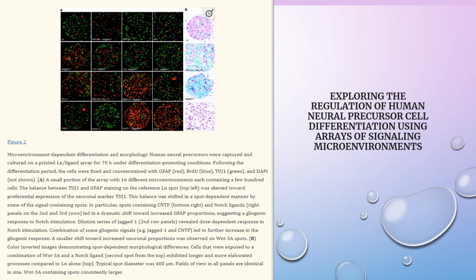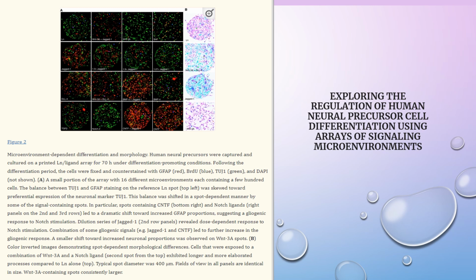And then the proliferation and differentiation of the neural progenitor cells was examined with immunostaining, followed by quantitative image analysis. And basically what they found was that the co-stimulation by WNT and Notch was shown to maintain the cells in an undifferentiated state, whereas bone morphogenetic protein 4 induced an intermediate differentiation phenotype characterized by simultaneous expression of the glial and neuronal markers.